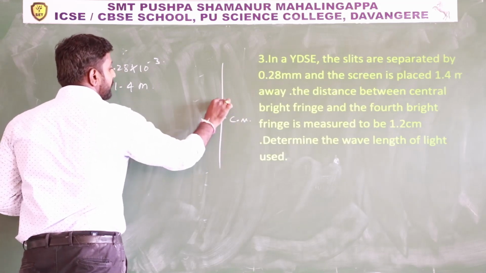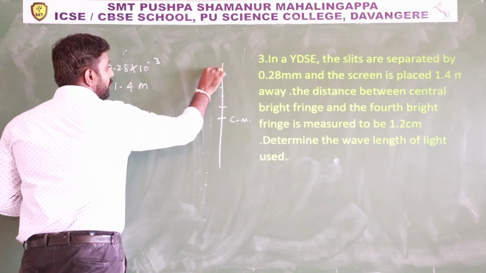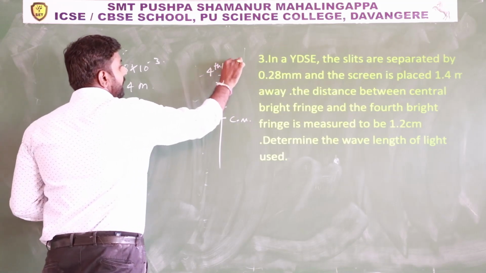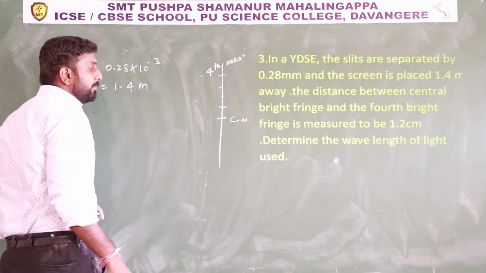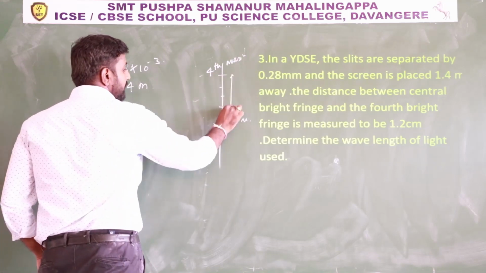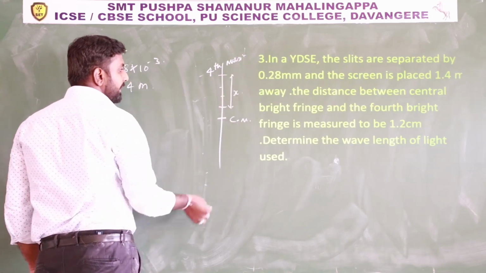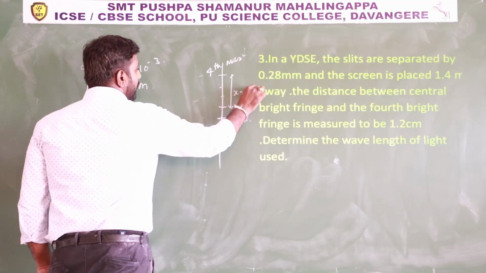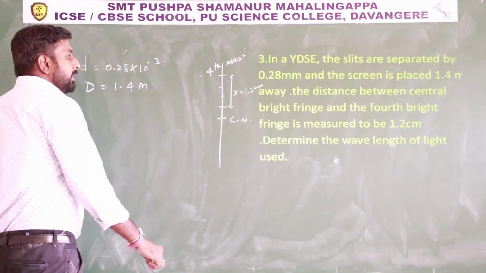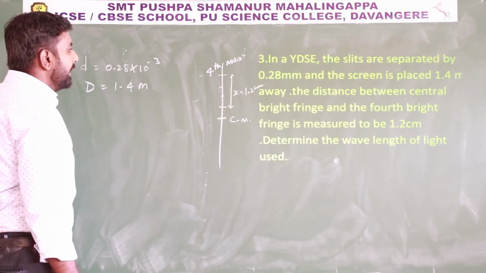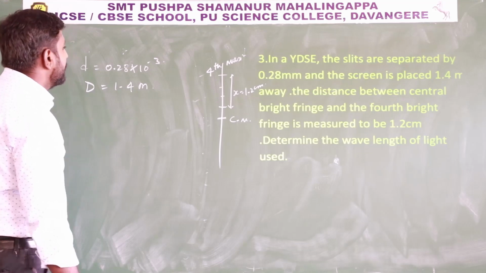From this, first, second, third, fourth maxima, the fourth bright fringe. This distance is denoted by x and is given as 1.2 centimeter. Determine the wavelength of light used.